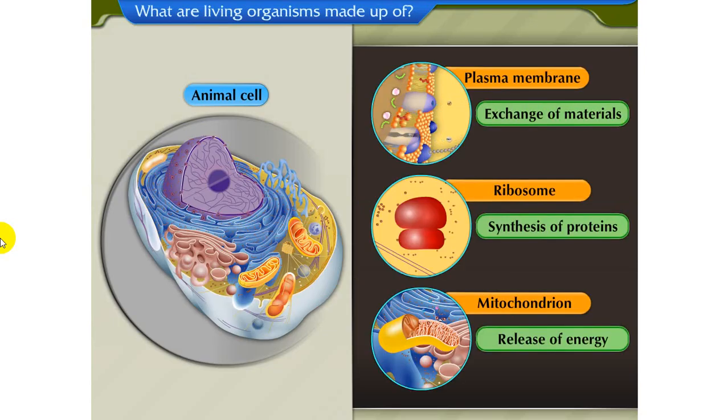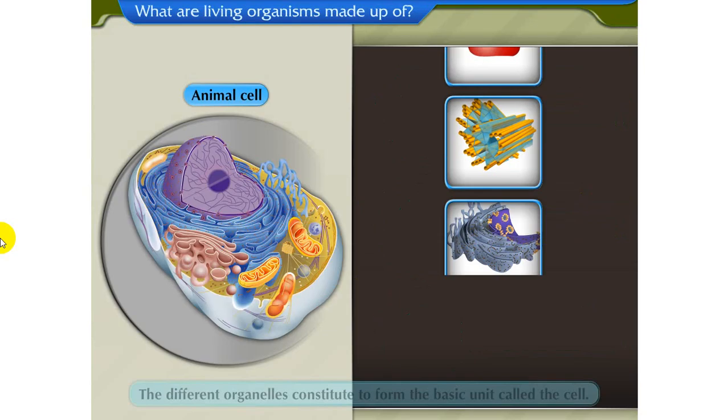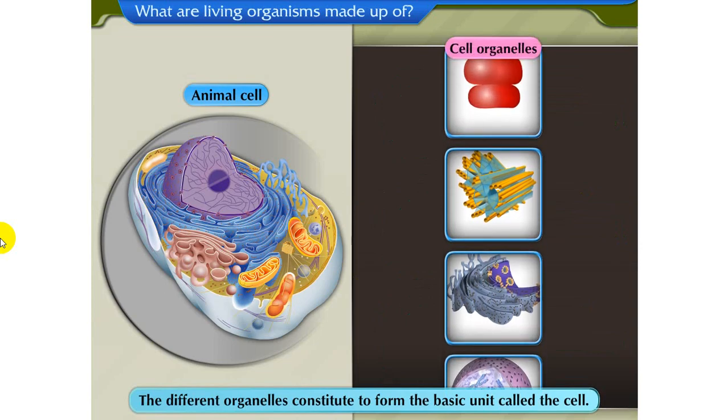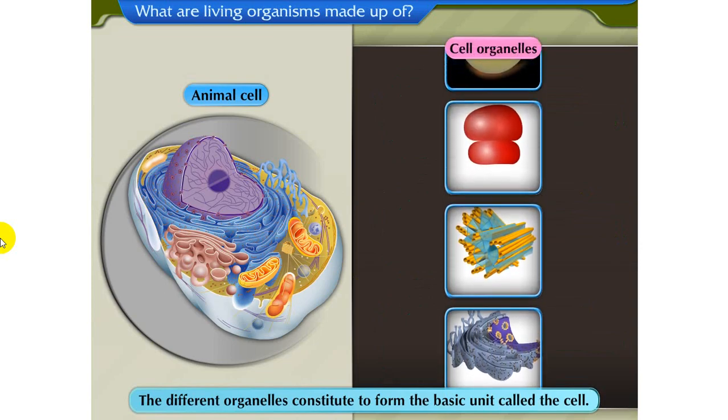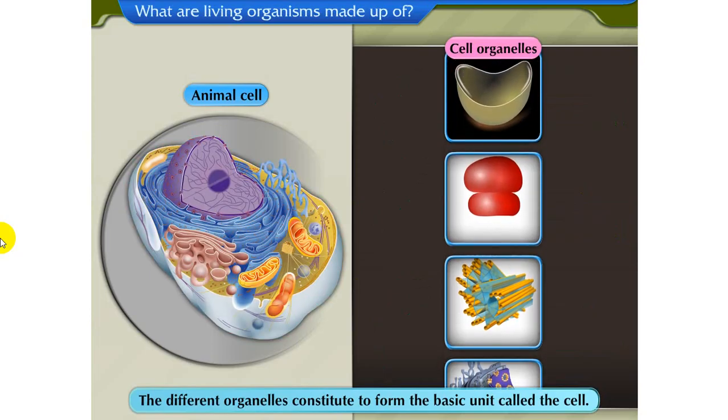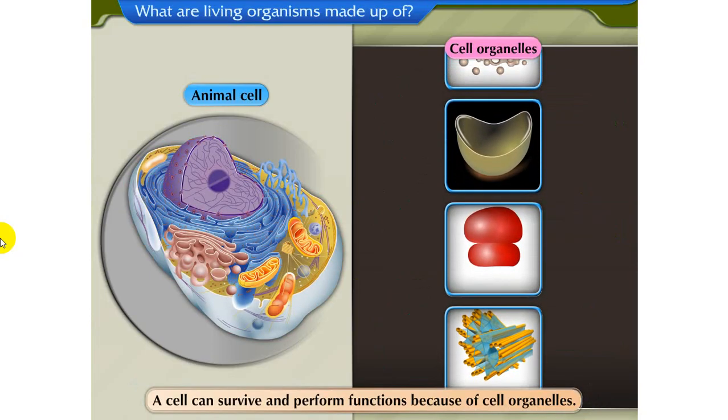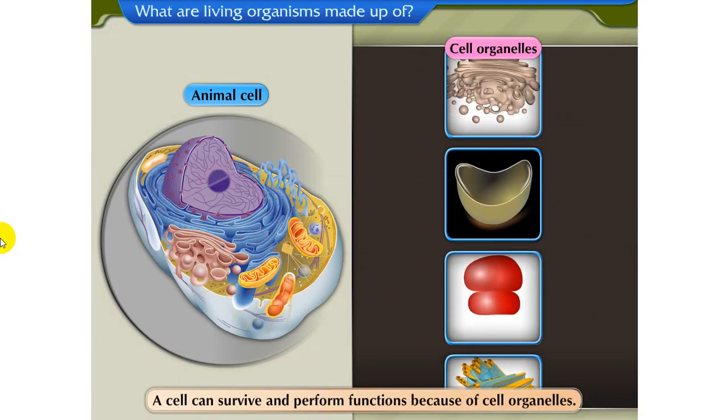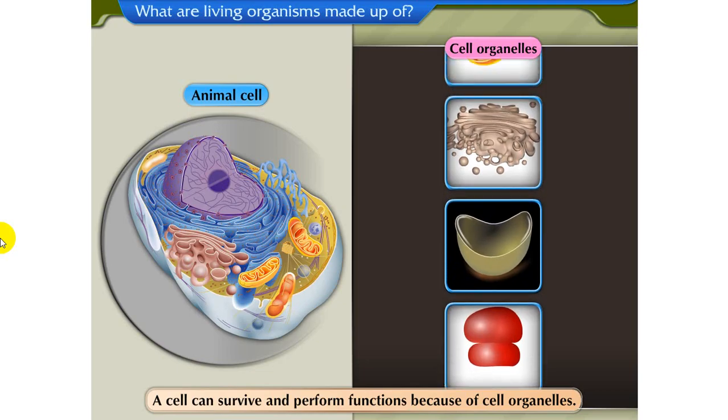These functions are performed by specialized cell organelles. The different organelles constitute together to form the basic unit called the cell. A cell can survive and perform all its functions because of these organelles.